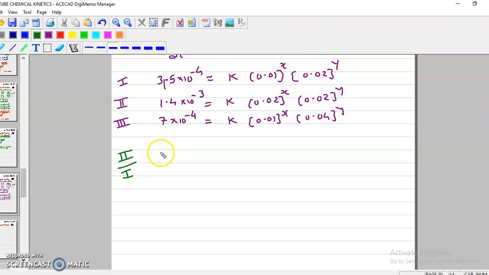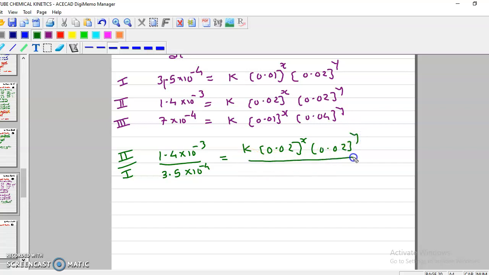So here we write 1.4 into 10 raised to minus 3 upon 3.5 into 10 raised to minus 4, which is equal to k into 0.02 raised to X into 0.02 raised to Y upon k into 0.01 raised to X into 0.02 raised to Y. So here the base of Y is the same, so this will be cancelled. k will be cancelled. Here 10 raised to minus 3, and here 10 raised to minus 4.